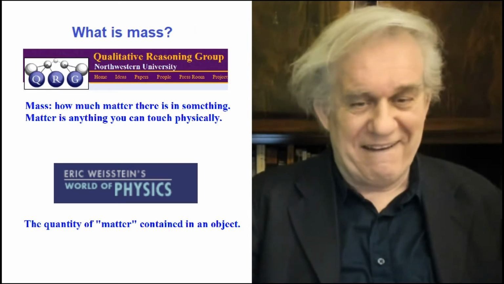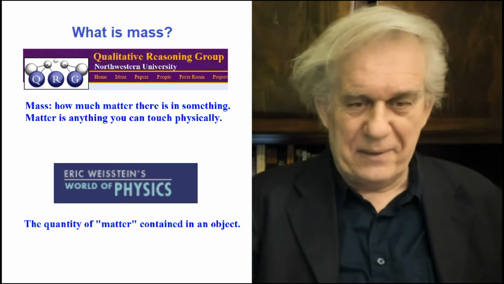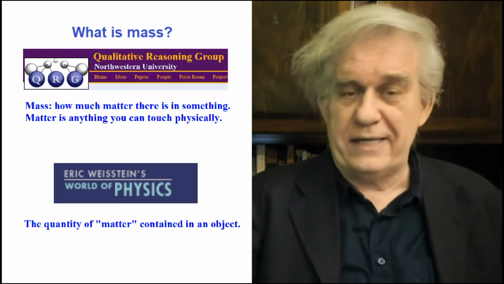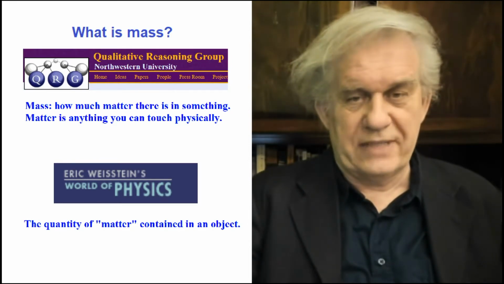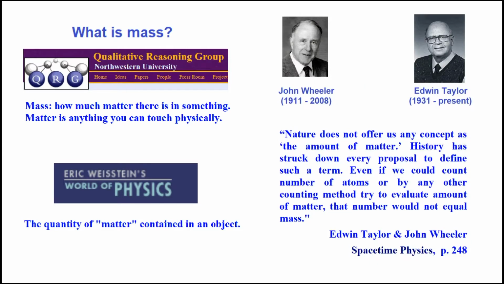Not really. Not quite, okay? Here we have a little authority, okay? Just so we always put authority behind everything because I want to make sure that people believe in authority, okay? Here we have two very authoritative people. One is John Wheeler, Edwin Taylor. And Wheeler for sure is known by a lot of people out there. And they say nature does not offer us any concept as the amount of matter.